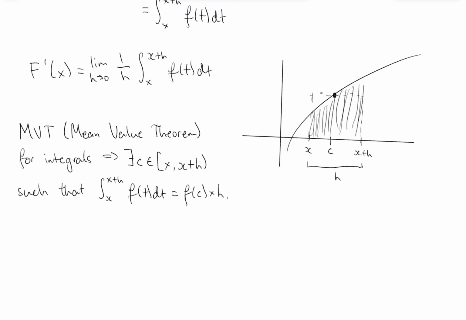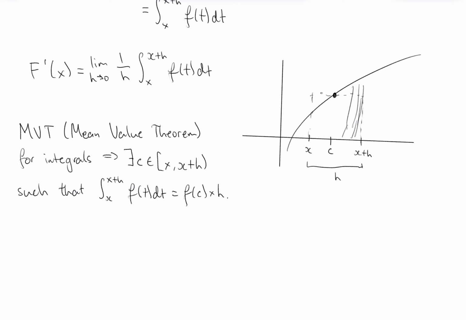So this area, in some sense like the exact area from x to x plus h, is equivalent to the rectangular area that is the length of h multiplied by the width of f of c, or vice versa.